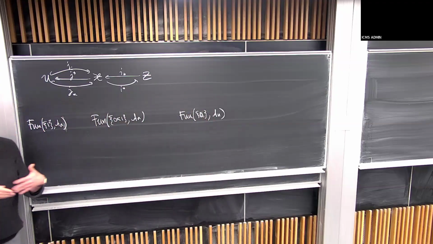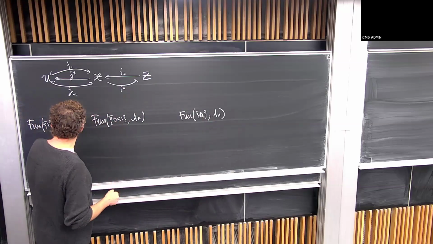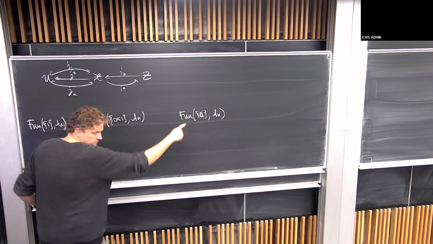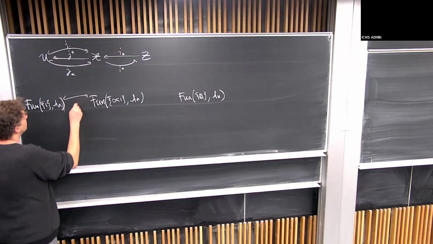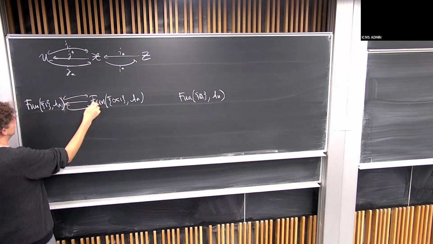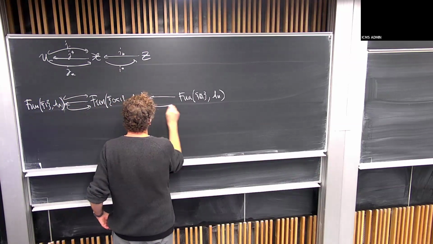If you think about the behavior of things like left and right Kan extension, then you see that this is actually a recollement of these two in this way, where this is the open piece and this is the closed piece. These are the restriction, left and right Kan extension, and I have these two functors here.